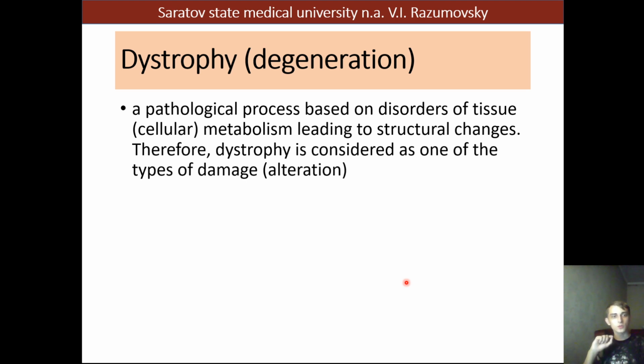You should understand that one type of alteration is dystrophy. The second definition of degeneration: dystrophy is a morphological manifestation of a pathological process.